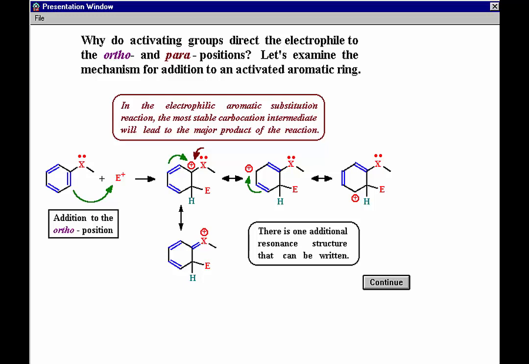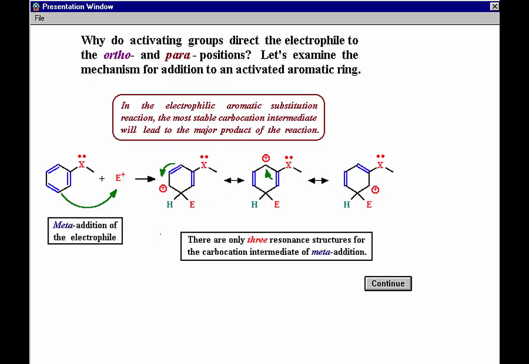And the critical part being that whenever you had a plus charge next to that substituent, if the plus charge could somehow be stabilized, it would be an ortho-para director. And one of the ways it could be stabilized is by that group having a lone pair to be able to donate it to form that fourth resonance structure. So if that happened, then we had an ortho-para director.